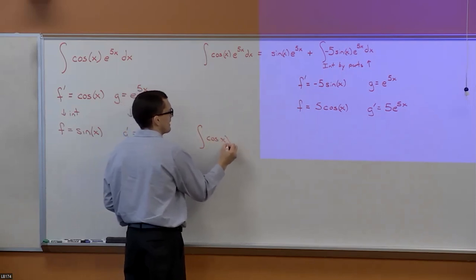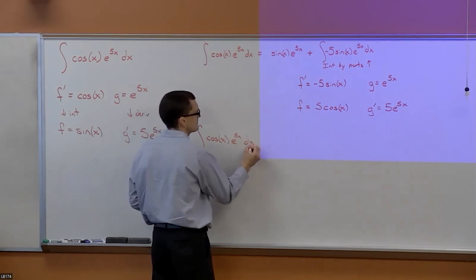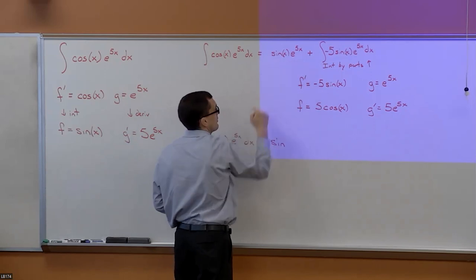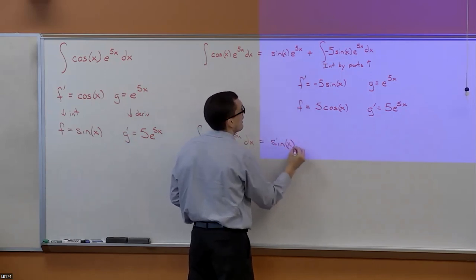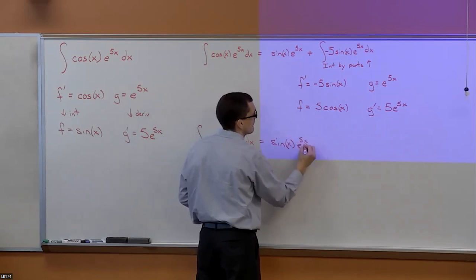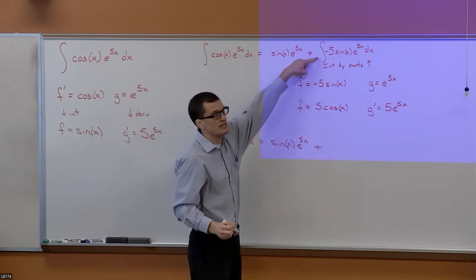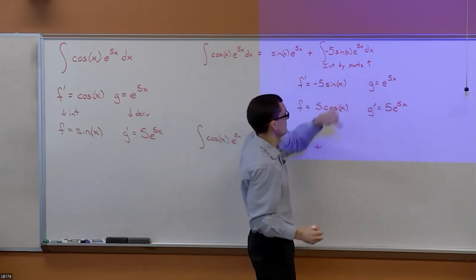So we have cosine x, e to the 5x dx. When we integrate, we have this part, our original f times g, plus now this integration becomes our new f times our new g.